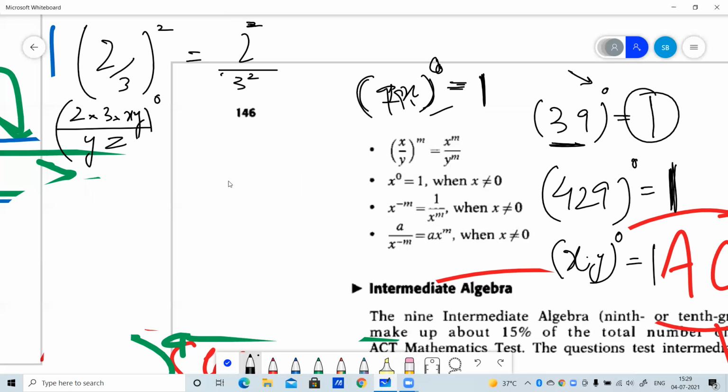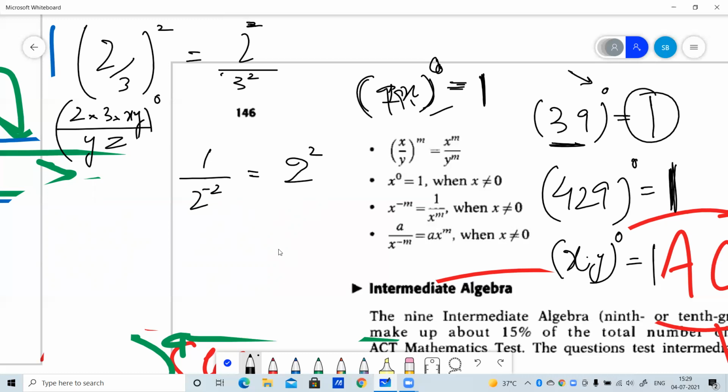Got it? Great. So one more thing which we did before is that if you're having a negative power in the denominator, for example, 1 divided by 2 to the -2, you can write it in the numerator, but you have to change the sign of the power. You can write 2 to the -2 as 2 to the 2 in the numerator. It's one and the same thing.